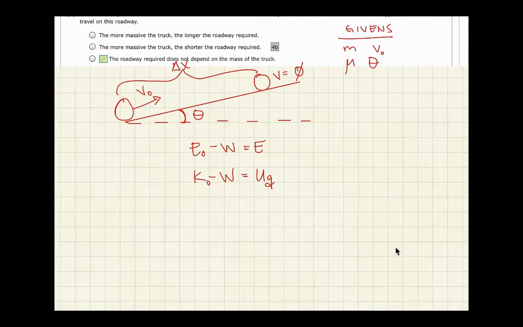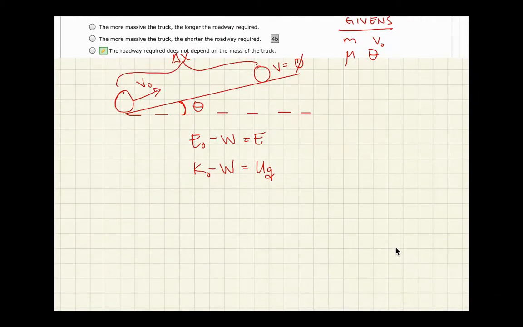So this is going to be my overall non-conservative energy equation: 1/2 mv naught squared minus the force of friction times delta x equals mgh.